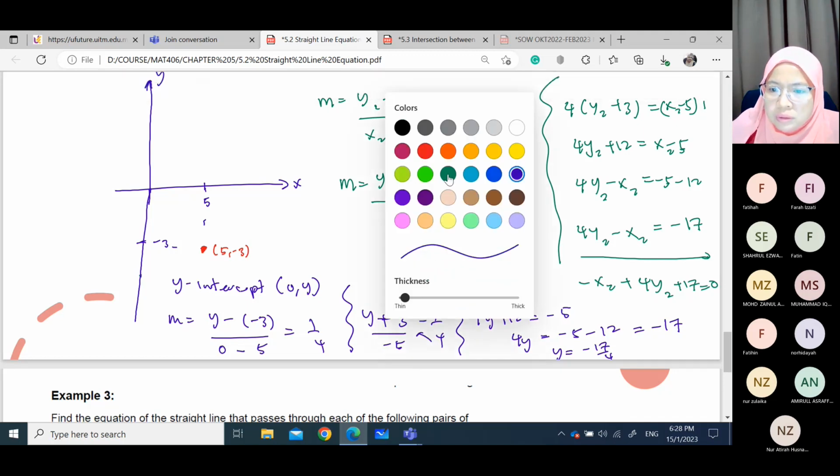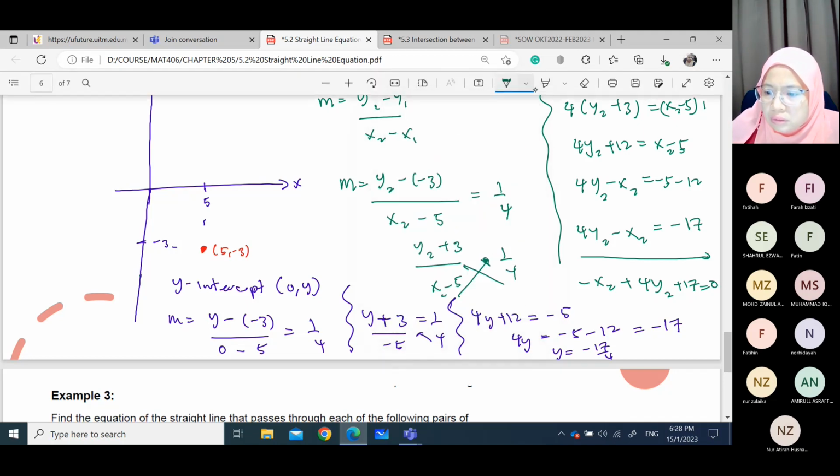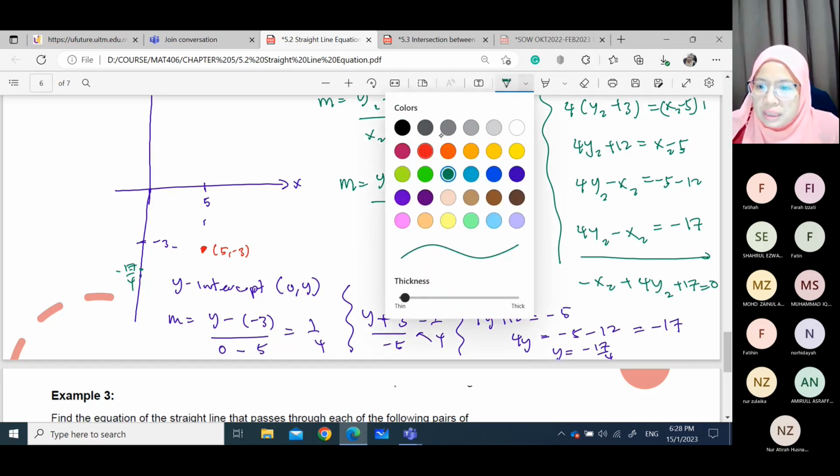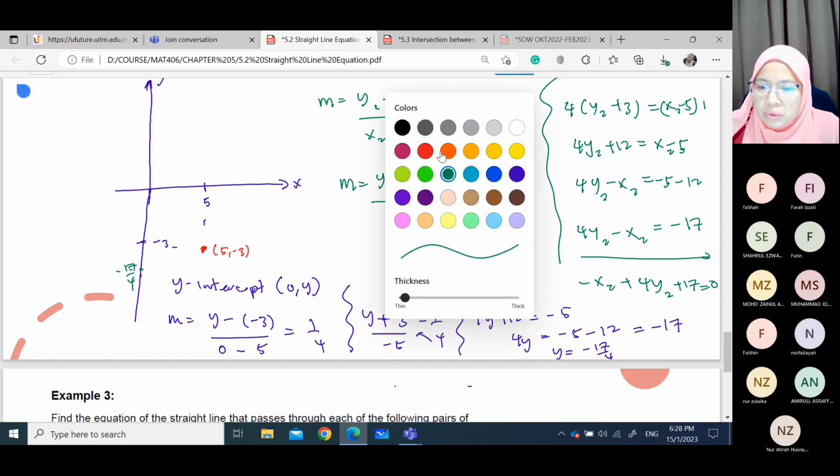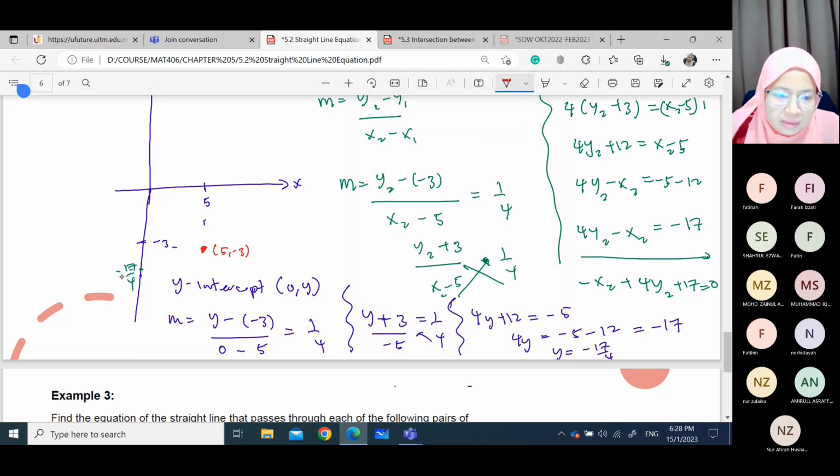Point yang lagi satu di sini. So this one is negative 17 over 4. Kalau you dalam decimal places, you akan dapat 4.25. Okay, so here we can say that y-intercept is at this point.